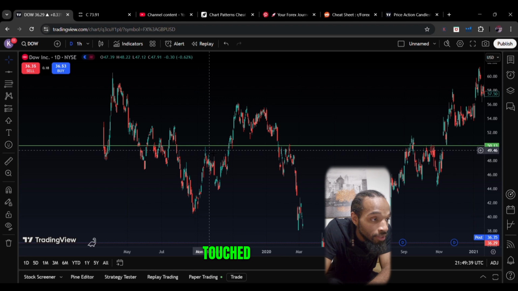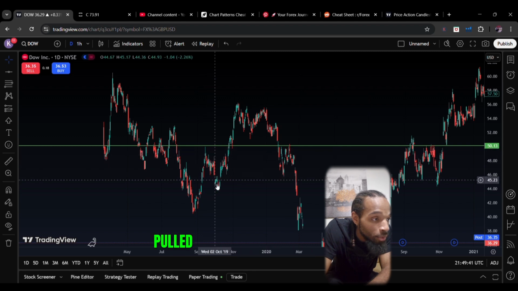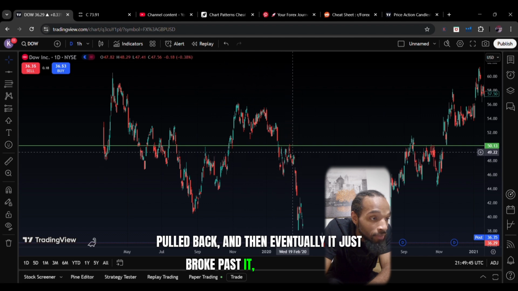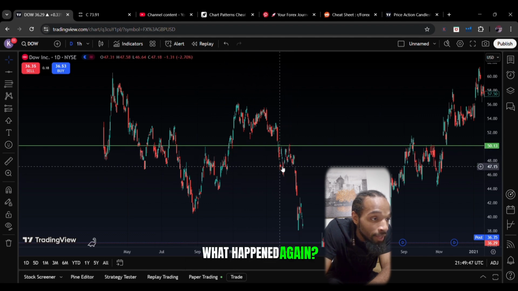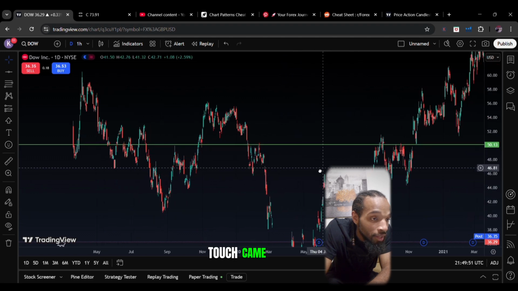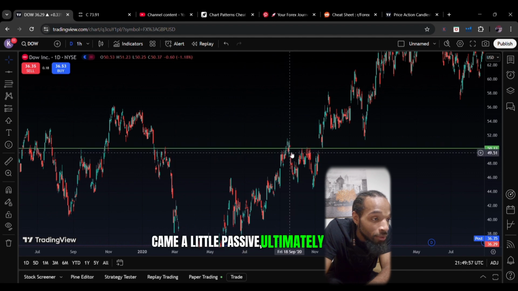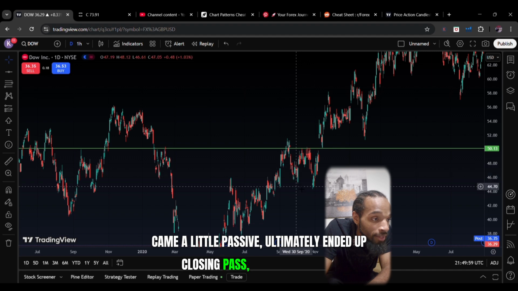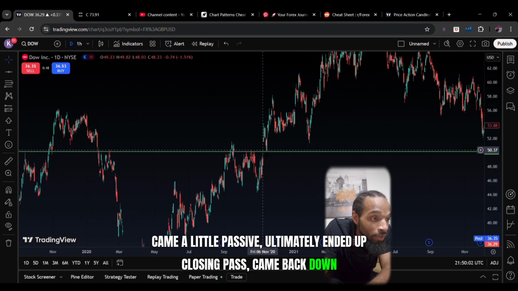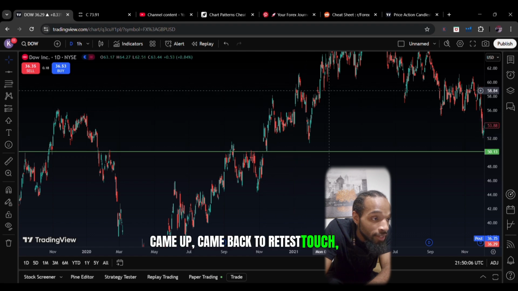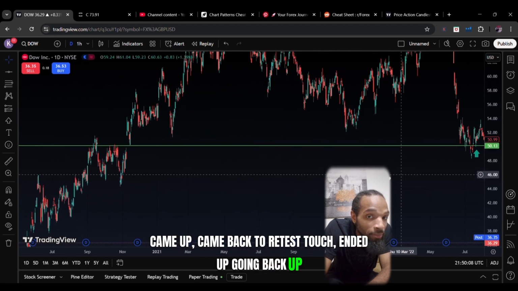It came up, touched, it's wicking, it pulled back, and then eventually it just broke past it. And then boom, what happened again? It broke past it, touched, came down in the end. We got it right here too. It came a little past it, but ultimately closed past, came back down. And then what did it do? Came up, came back to retest, touched, ended up going back up.